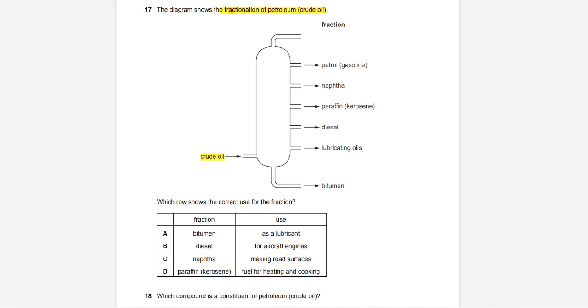Bitumen as lubricant? No, not at all. This is not used as lubricant. Diesel as aircraft engine? In aircraft engines, diesel is not used. Petrol or kerosene is used, but not diesel. Diesel is used for motor engines. Naphtha for making road surfaces?